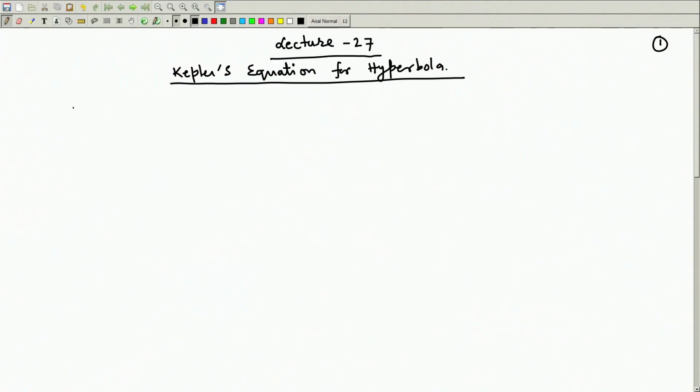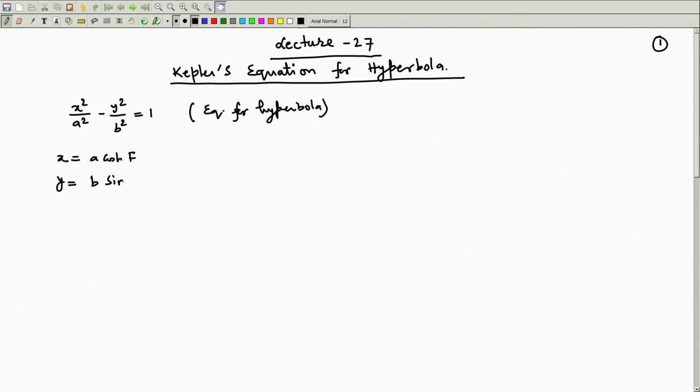If you remember, we have written the equation for the hyperbola as x square by a square minus y square by b square equal to 1 in Cartesian coordinates, and then we stated that this is satisfied by x equal to a cosh f and y equal to b sinh f.